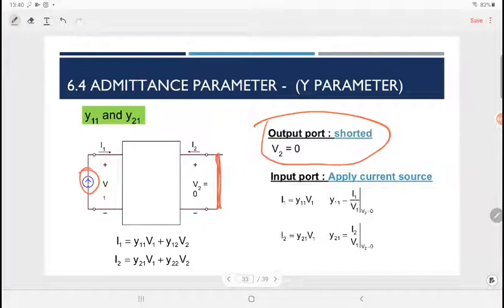Why do we introduce the current source? Because in the matrix equation, we are looking for the I1 value.